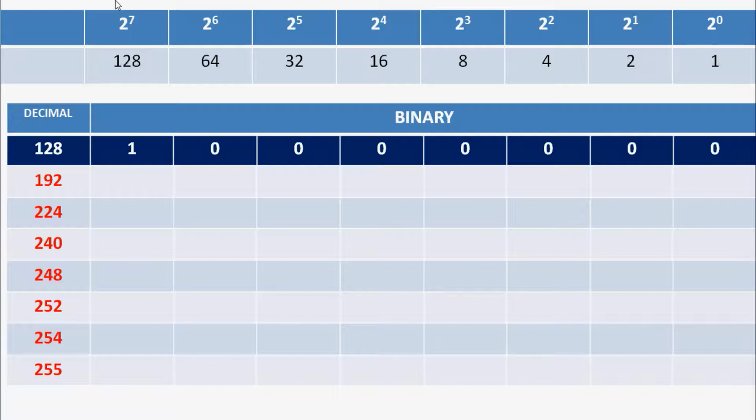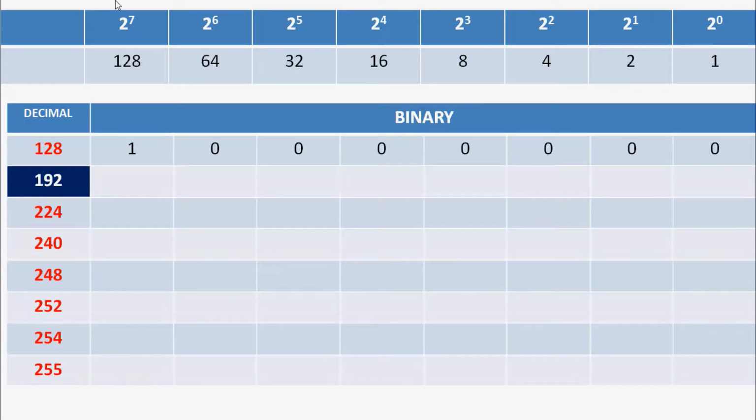Now we will move to decimal number 192. How are we going to get the binary of this number 192? Here we can see on the most significant side the number 128. We require this 128 to reach 192. Then we have a 64. We are going to add these two numbers, 128 plus 64.